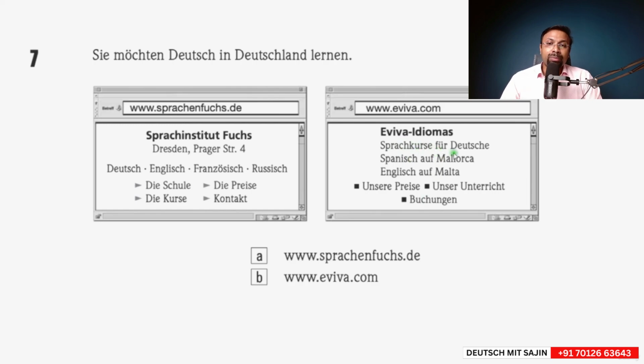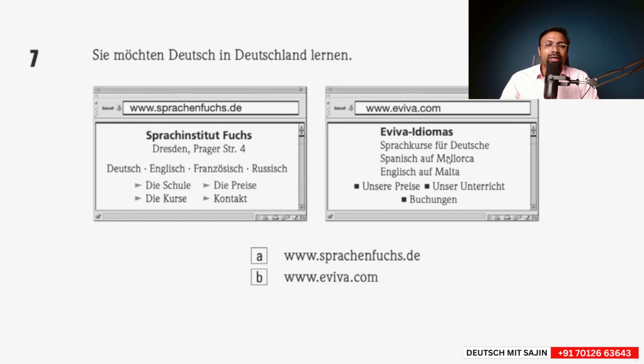Okay, so here it is a language course for German, Spanish in Mallorca. We say auf Mallorca because Mallorca is an island. When we talk about an island, we have to use the preposition auf. So it is not in Mallorca but auf Mallorca, if you want to say it 100% correctly. But even natives, even Germans, often say in Mallorca or whatever island it is.